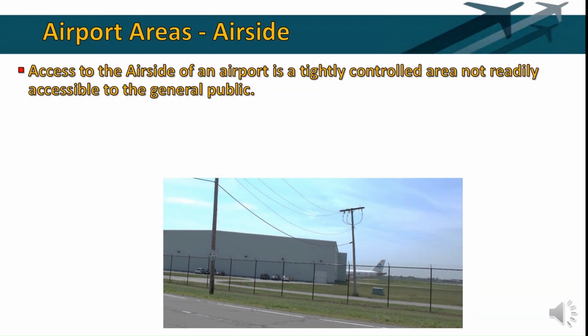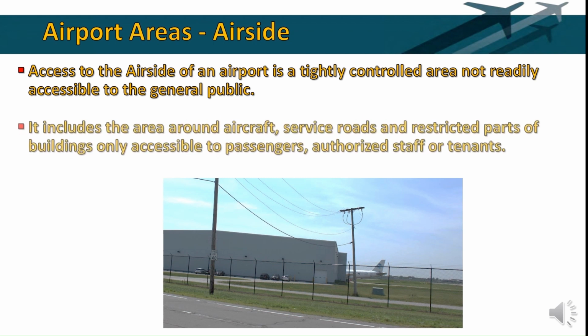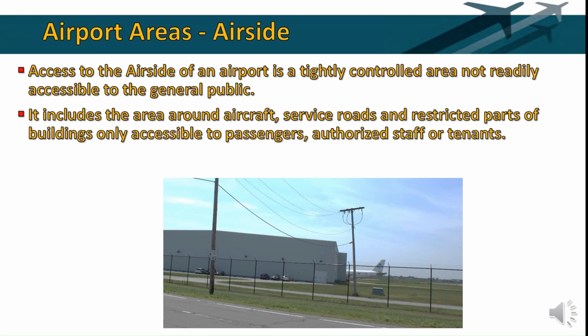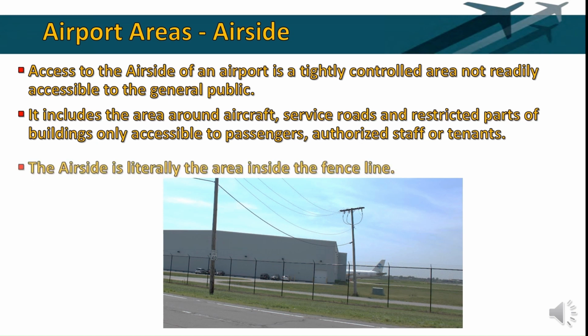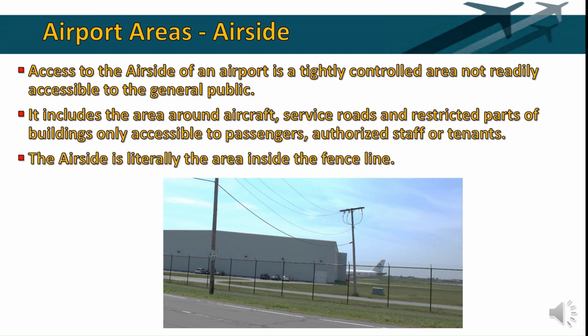Access to the airside of an airport is a tightly controlled area not readily accessible to the general public. It includes the area around aircraft, service roads, and restricted parts of buildings only accessible to passengers, authorized staff, or tenants. The airside is literally the area inside the fence line.